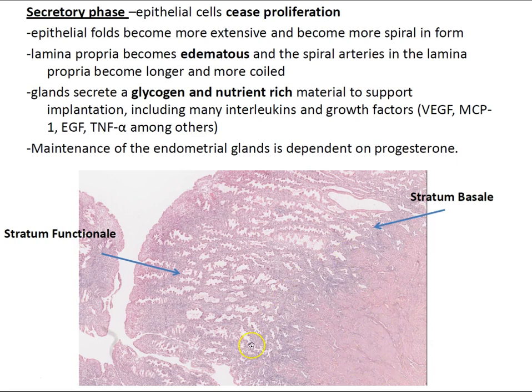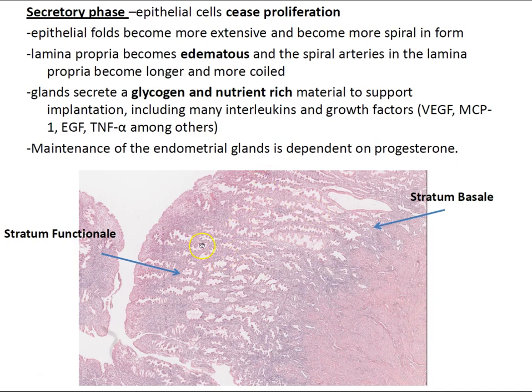The basal layer, also known as the stratum basale, and the functional layer, also known as stratum functionale. Now, epithelial cells during this phase rarely proliferate. And what you see here, the glands become more extensive and take the shape of a corkscrew. You can see here the corkscrew-shaped glands.